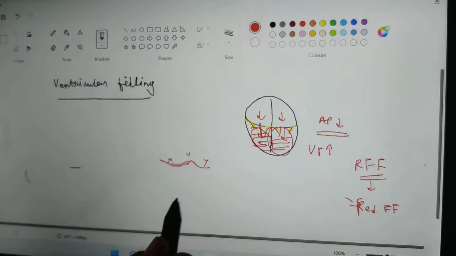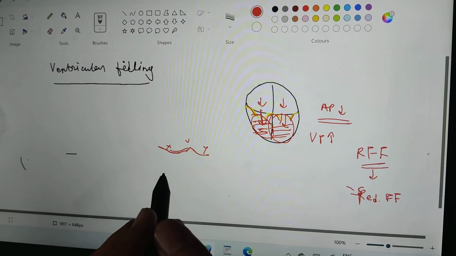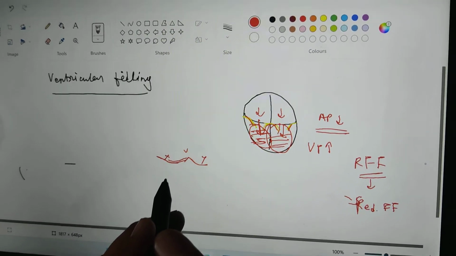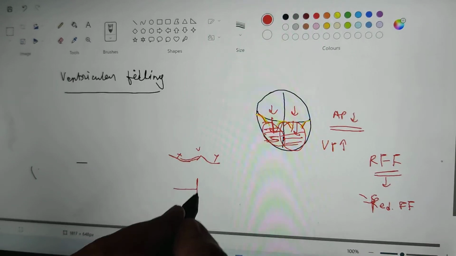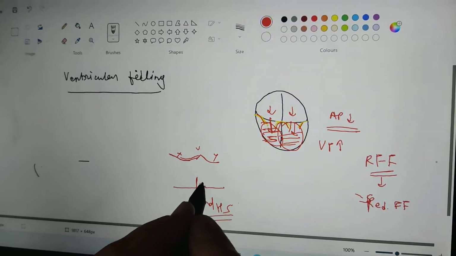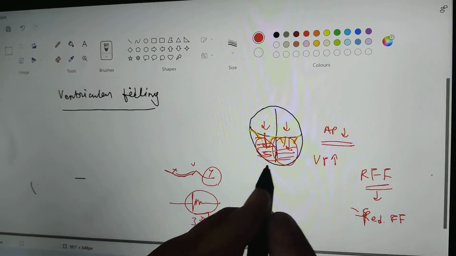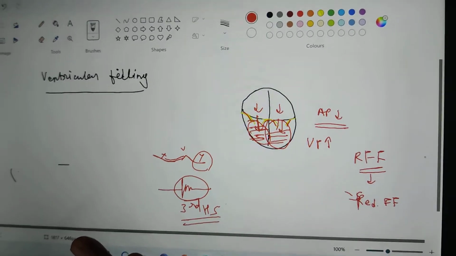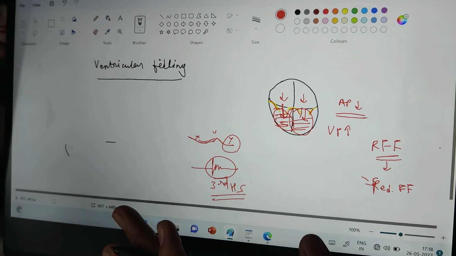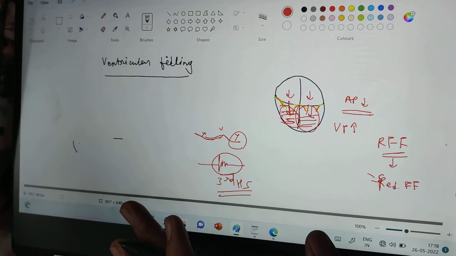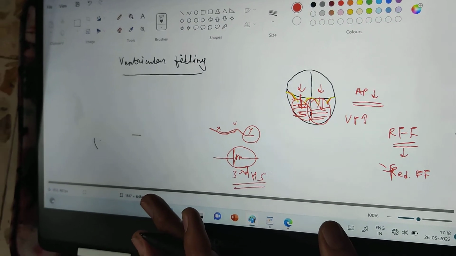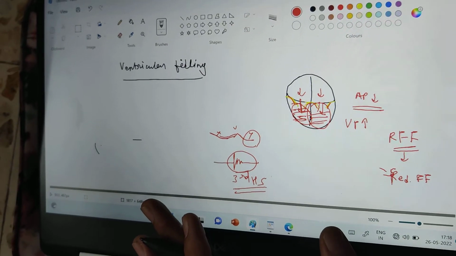So here the third heart sound will be heard during the Y descent and the ventricular filling phase, which is normal in children, but in adults is associated with disease such as ventricular dilation.